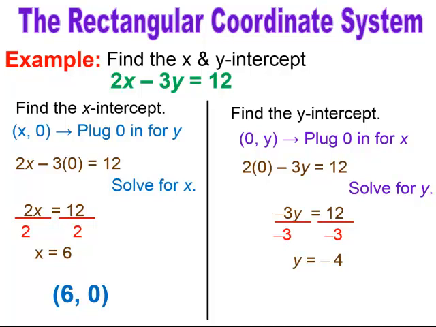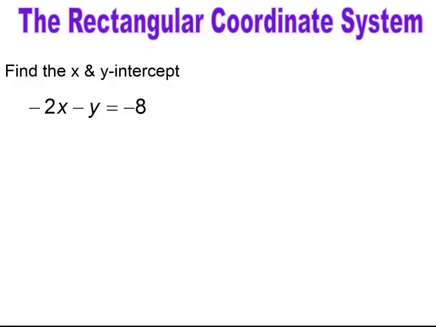Just like the x-intercept, the y-intercept needs to be written as an ordered pair. The x value is 0, so you end up with 0, negative 4. These are the intercepts for the equation 2x minus 3y equals 12.